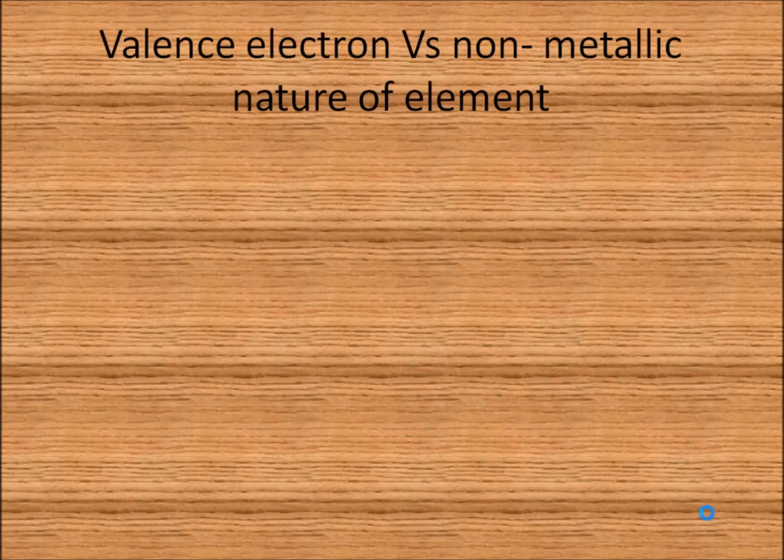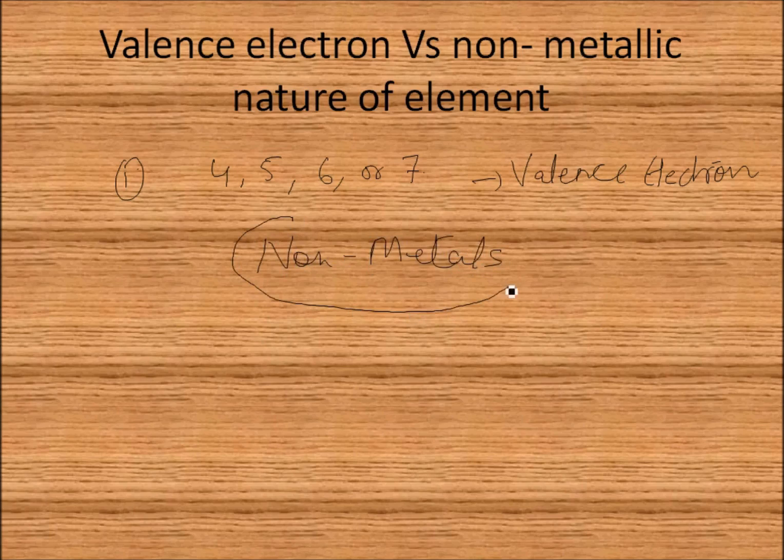Now friends, let's understand the non-metallic nature of the element. Those elements which have valence electrons 4, 5, 6 or 7 are all non-metals, right?